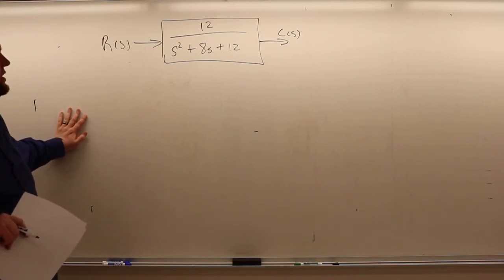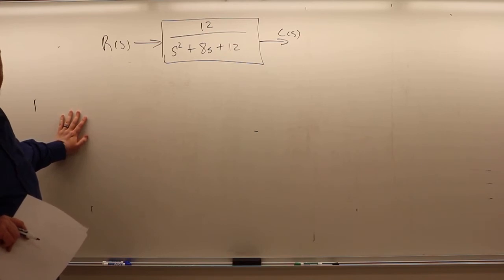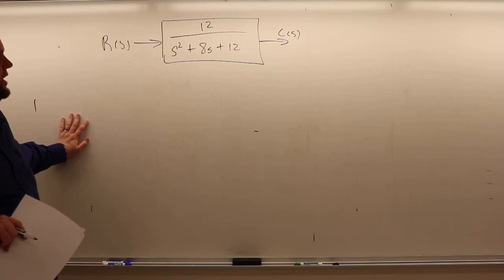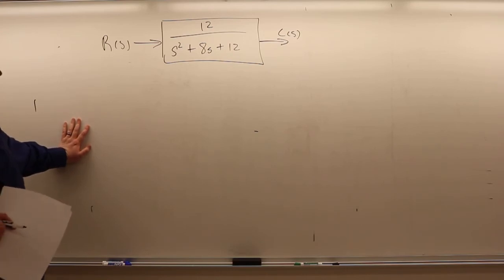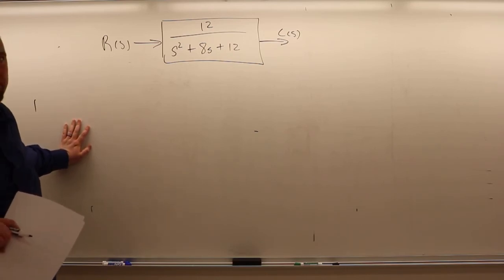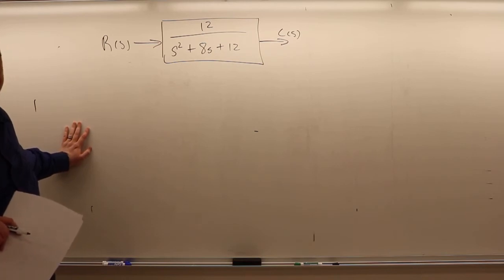So find the natural frequency, find the damping ratio, and then determine based on that what type of system response this is. Is it undamped, underdamped, critically damped, overdamped? Okay, I'm going to pause the video, do it on your own, then we'll come back.